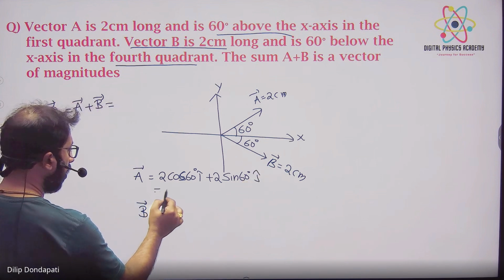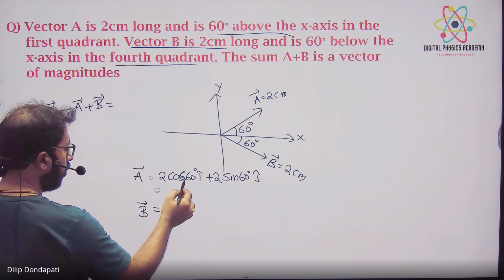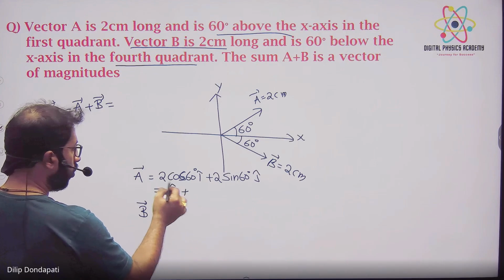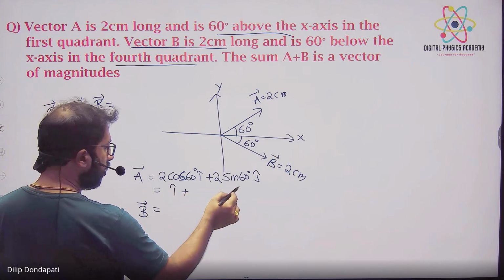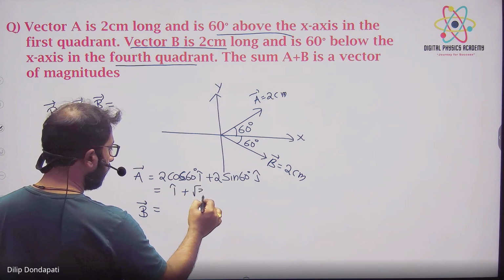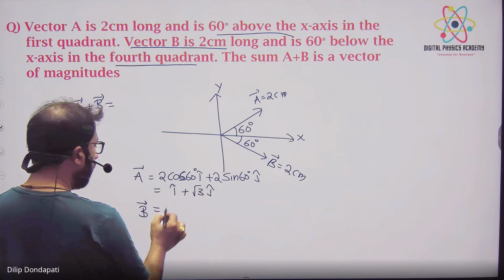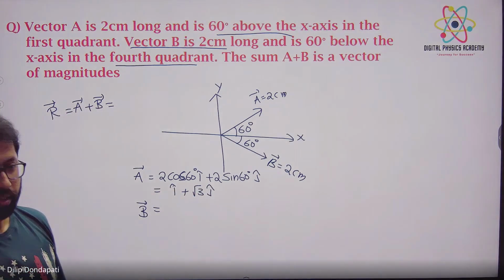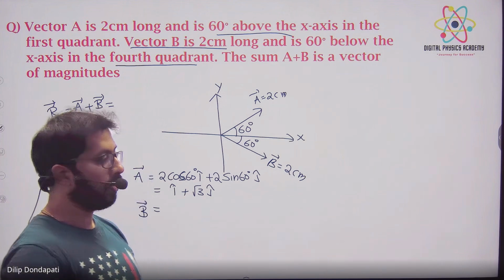Cos 60 is 1/2, so the 2 cancels: 1 i cap. Sin 60 is √3/2, the 2 cancels: √3 j cap.